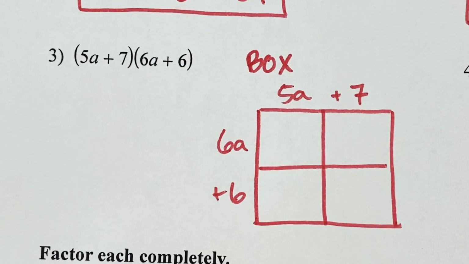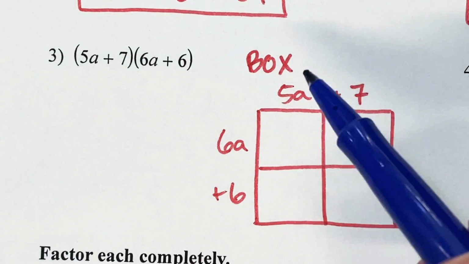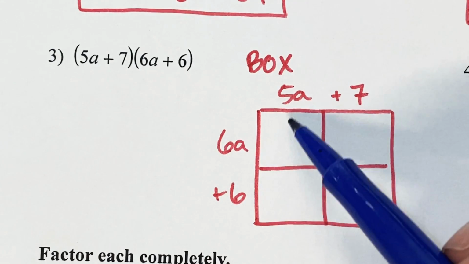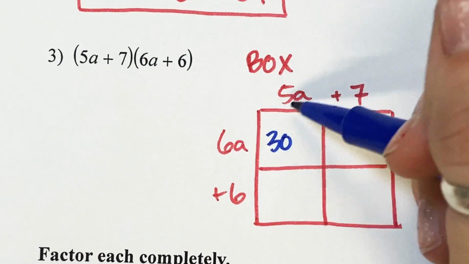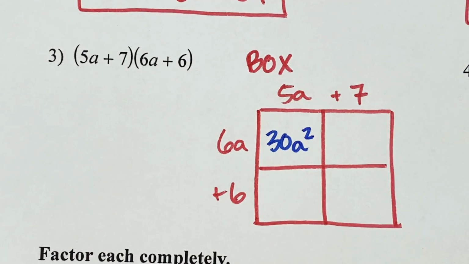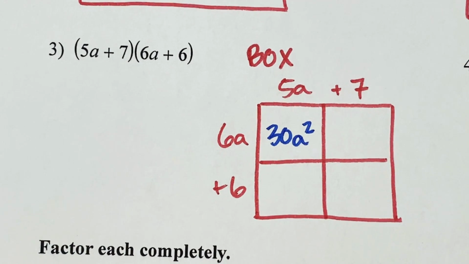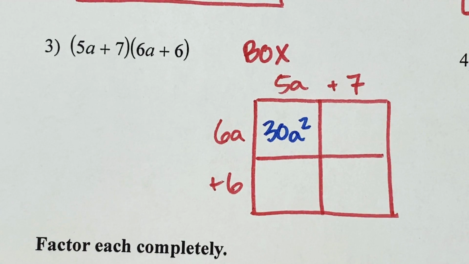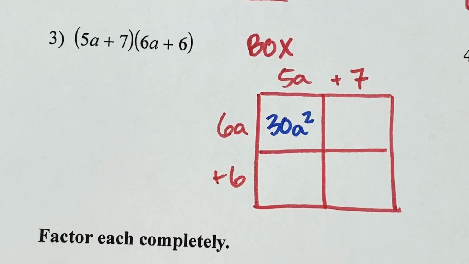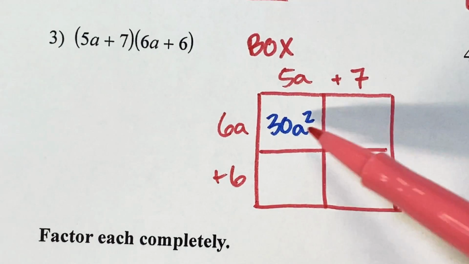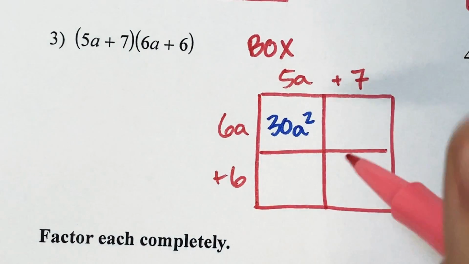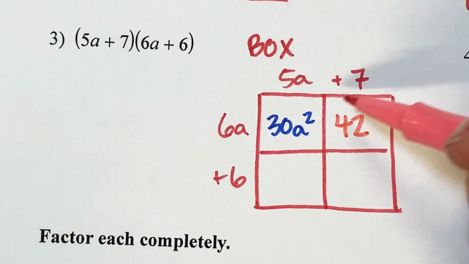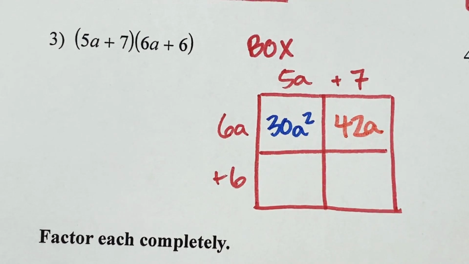Now that our box is drawn, we just need to multiply what's inside. We have 5a times 6a. 5 times 6 gives me 30. 2a is being multiplied, so 30a squared. Then my next box, I have 7 times 6a. 7 times 6 is going to give me 42. 1a being multiplied, so 42a.